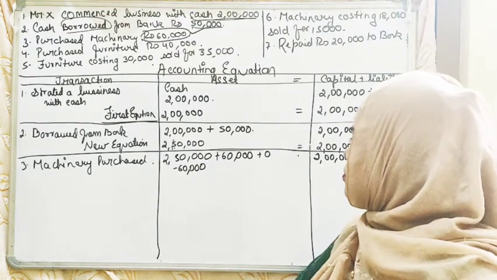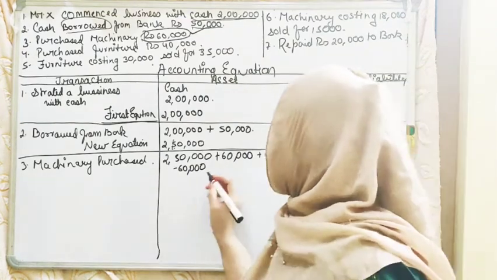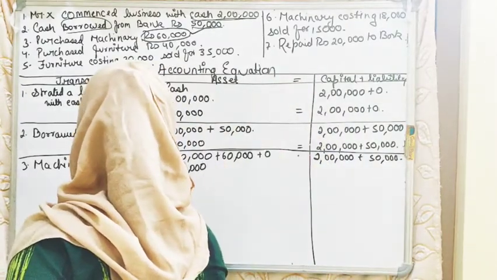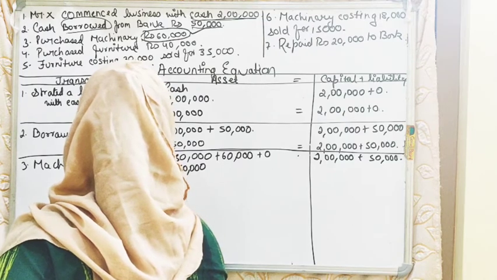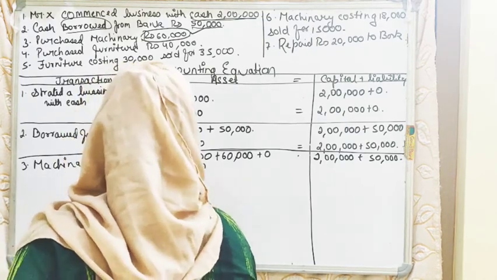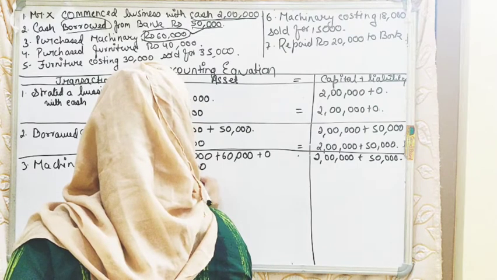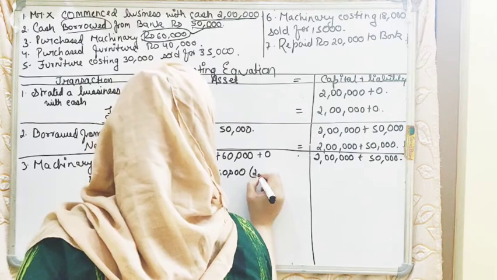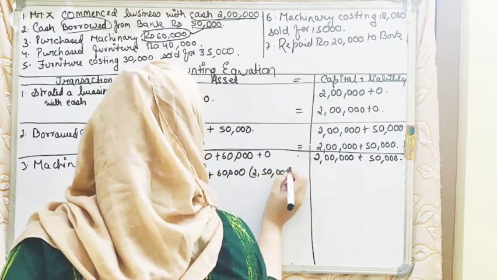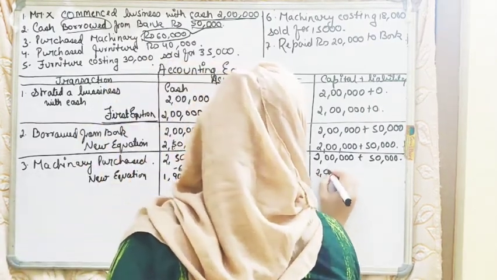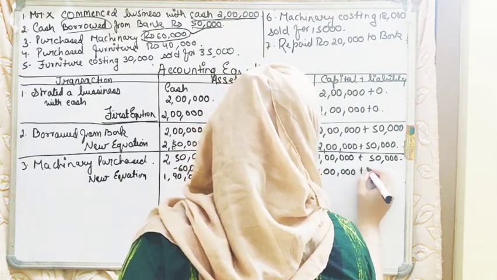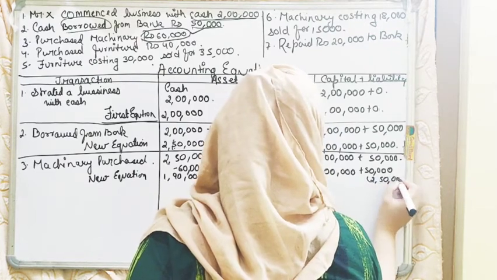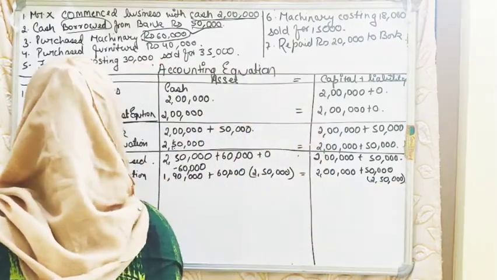The new equation will be: we subtract this, we get 1,90,000 plus 60,000, that is a total of rupees 2,50,000, is equal to 2 lakh plus 50,000, that is 2,50,000 only. This is your third equation.